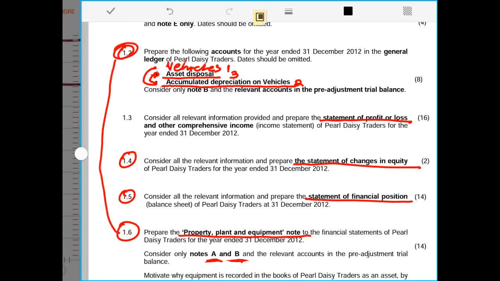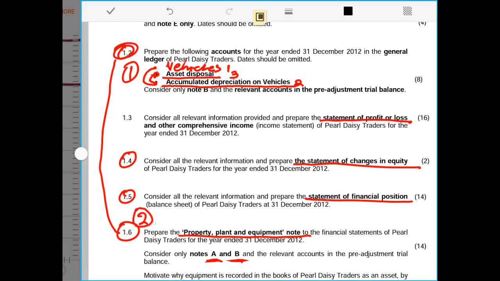So now when I answer this question paper, as I always say, a student needs a strategy on how to answer the exam. So now I will always prefer that we start with the ledger accounts. This will be number one. Then after, my number two will be the property, plant and equipment note.